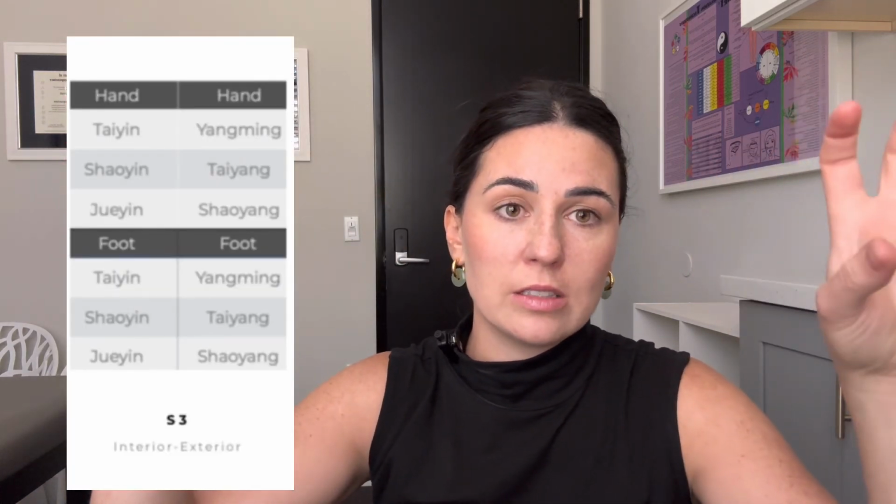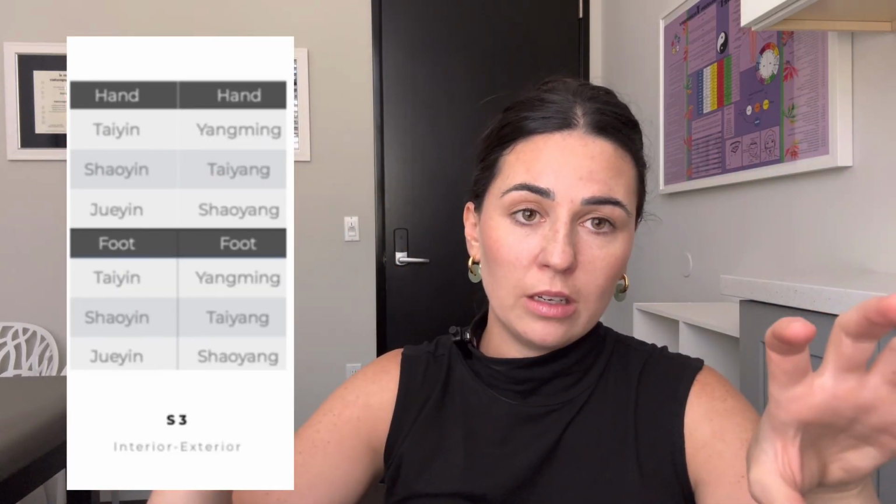So system number 1 is going to be same name, system number 2 is branching name, system number 3 is going to be interior, exterior. So lung to large intestine, stomach to spleen, and so on. So that means that if my lung is my hand Tai Yin, I can now go to hand Yang Ming.